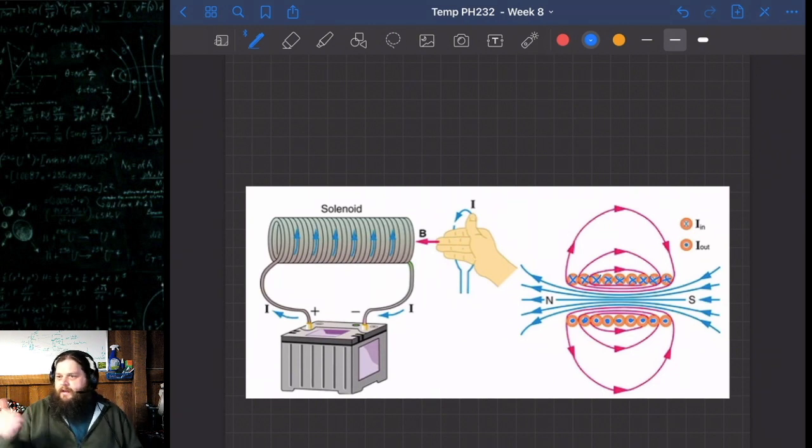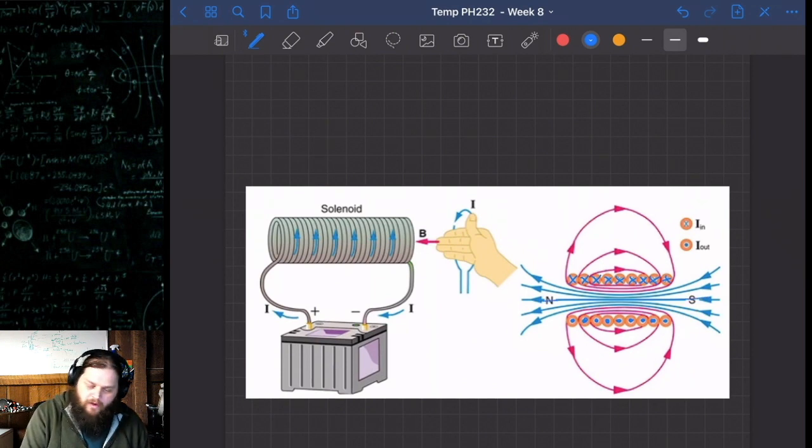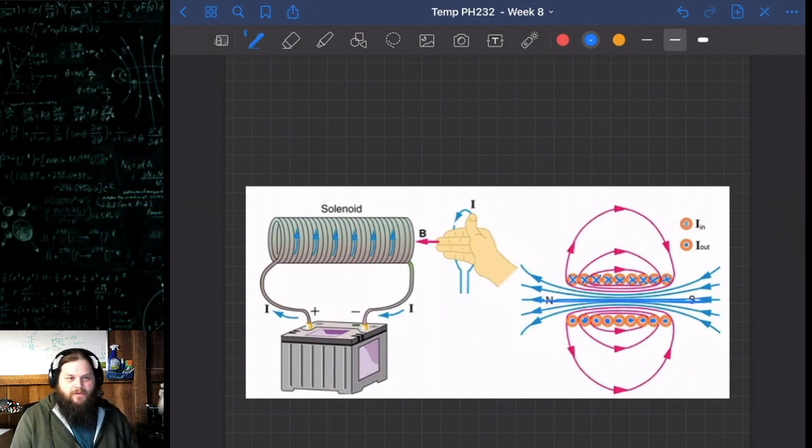And we can, again, use our right-hand rule, sticking our fingers into that solenoid with our thumb going up in the direction of the current to see what that magnetic field is going to look like and which direction it's going to be going through the solenoid. If we reverse the current, then we'd have to stick our hand in the other side of it to see the direction of that magnetic field, because the current would then be going the opposite direction.